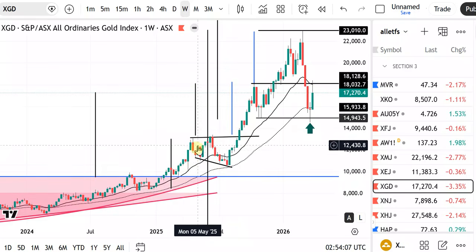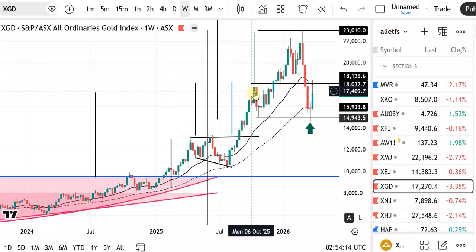We've got another bit of a flag there with the flagpole project breakout. So we've got two reference points here, which signaled this as a potential topping pattern. It did for a little bit, then came down and has bounced.